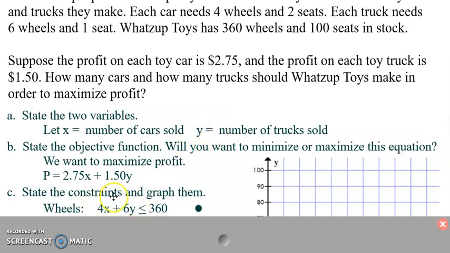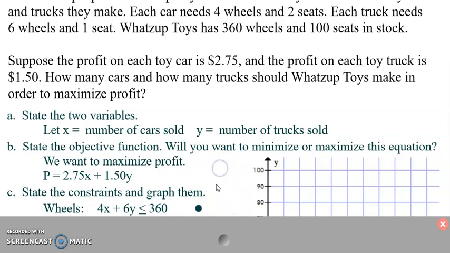So 4 times x plus 6 times y represents how many wheels we use for every car and how many wheels we use for every truck. And we only have 360 wheels to use each day. So the amount that we use for the cars and the trucks must be less than or could be equal to 360. It can't be more because we don't have more than 360. That's our limitation, that's our constraint there.